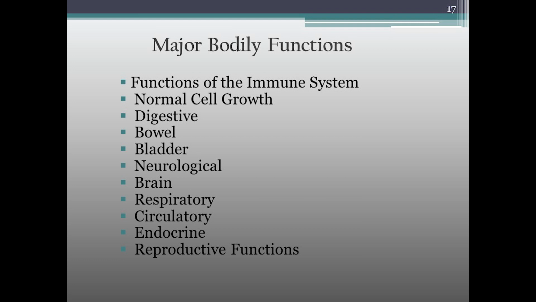There are many more things that are considered major life activities. And again, under the Americans with Disabilities Act Amendments Act, we now include major bodily functions. And that includes functions of the immune system, normal cell growth, digestive, bowel, bladder systems, neurological systems, the respiratory systems, circulatory systems, endocrine systems, and reproductive systems.